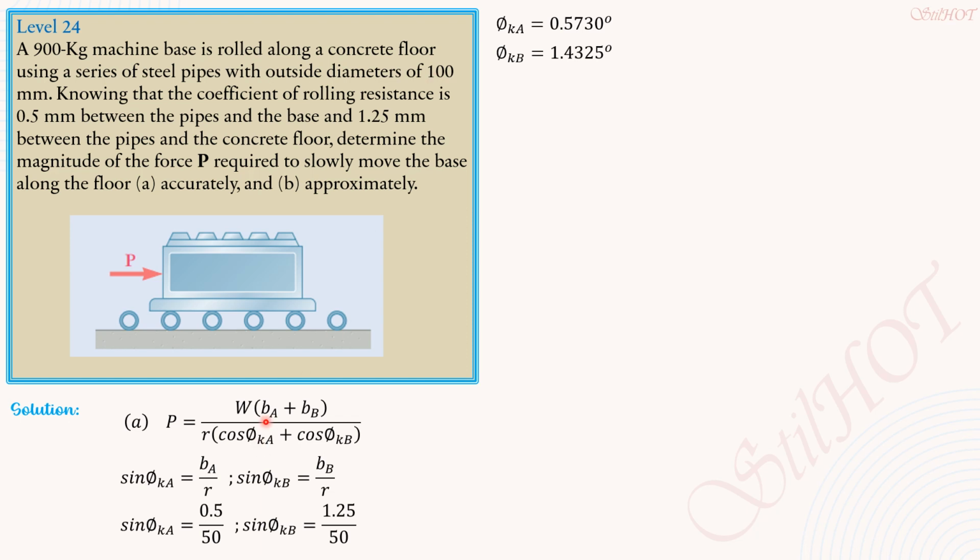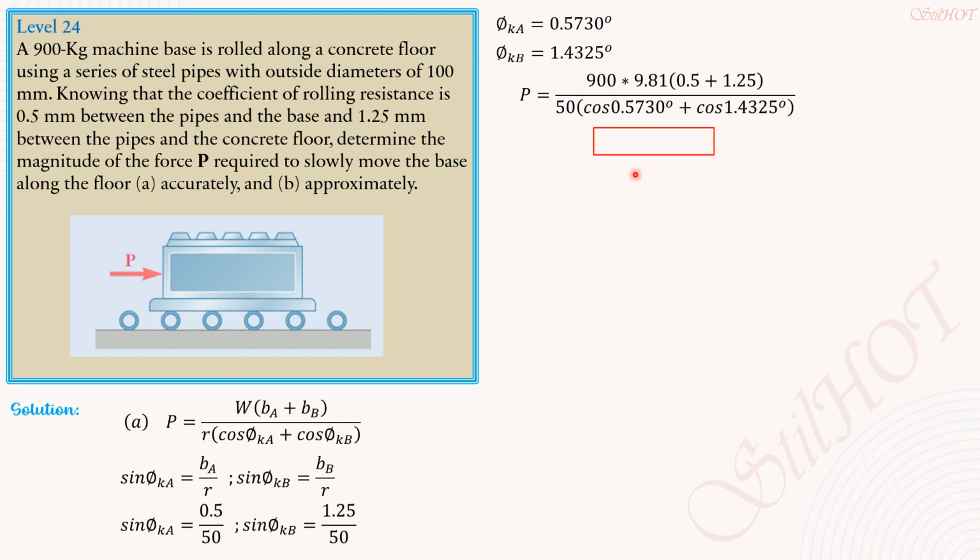Or let's just express R, B sub A, B sub B in mm, so that the force P is in newtons. So P is 900 times 9.81, quantity 0.5 plus 1.25 mm over 50 mm, quantity cosine of 0.573 degrees plus cosine of 1.4325 degrees. Solving for P using your calculator, P is 154.5 newtons.